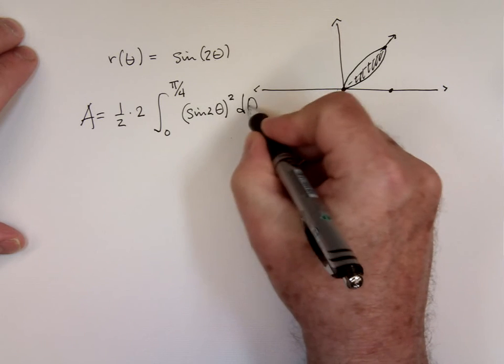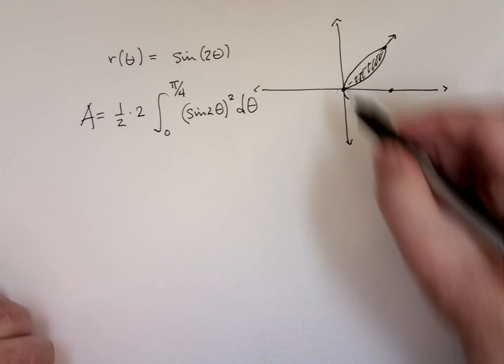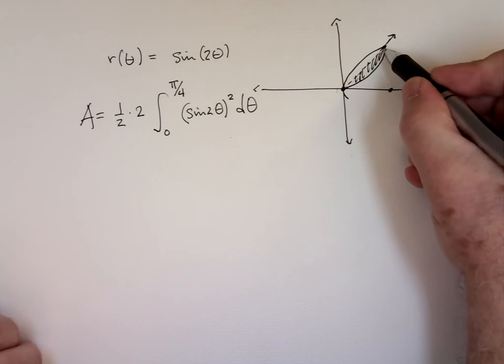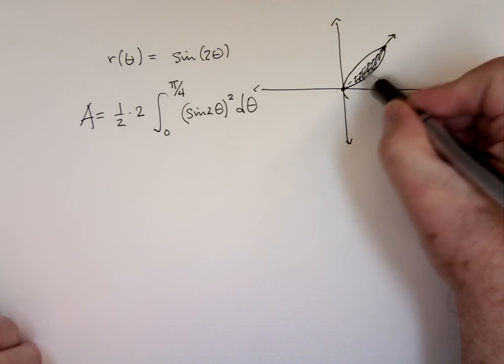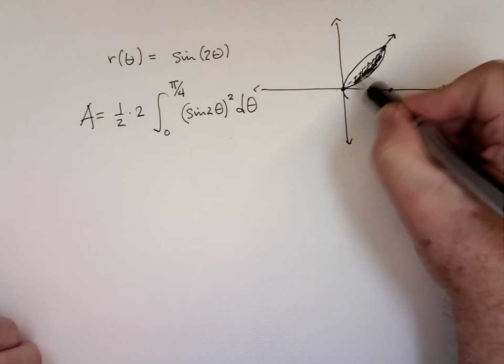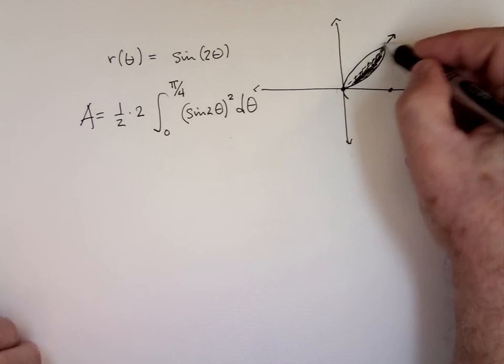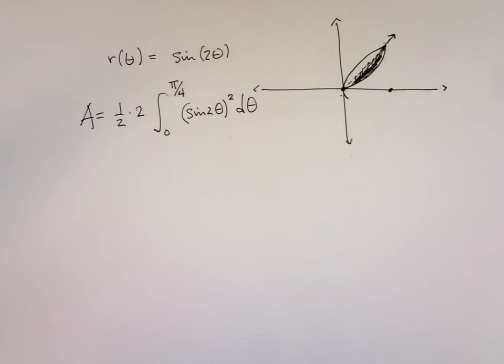Does everybody see what I'm doing here? Pi over 4 gets me to this point. I'm finding this area right in here, half of it. You could go to pi over 2 and come back to here, and that would work as well. You wouldn't have the 2 here.